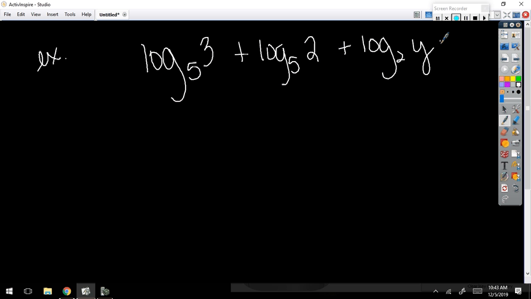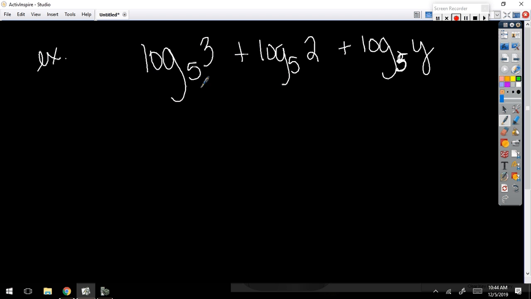Condense. If you can simplify it to a whole number, I'll tell you what I want you to do. Right here, I just want you to condense. Do you notice now that all the bases are the same?